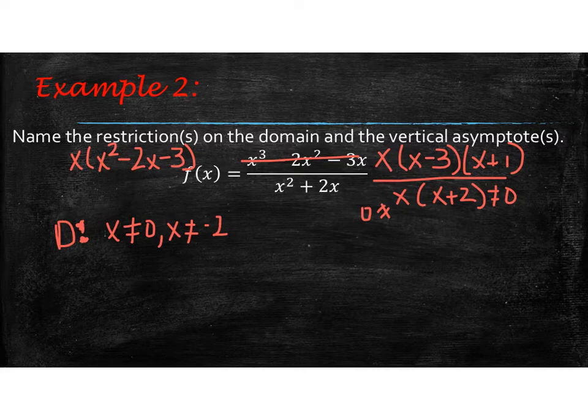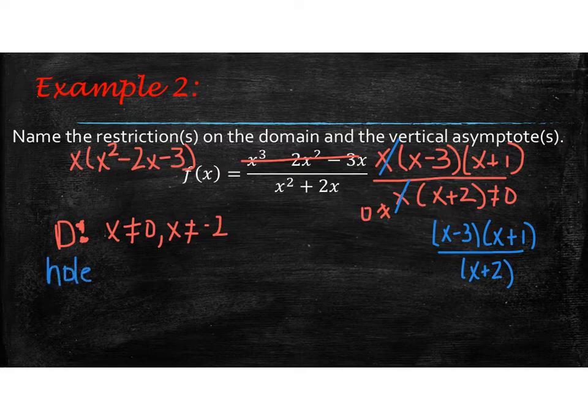All right, now go ahead and cancel. So the x's cancel, and that's it. So I end up with x minus 3 over x plus 1 all over x plus 2. Okay, so what canceled is going to be the hole.